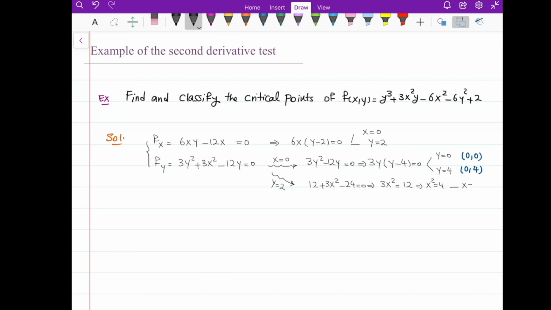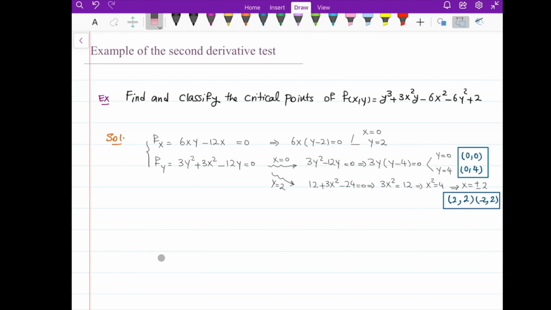I get x equals plus or minus 2. So I got two other points in here. When y is equal to 2, x could be 2 or negative 2. So I got 4 points as my critical points.